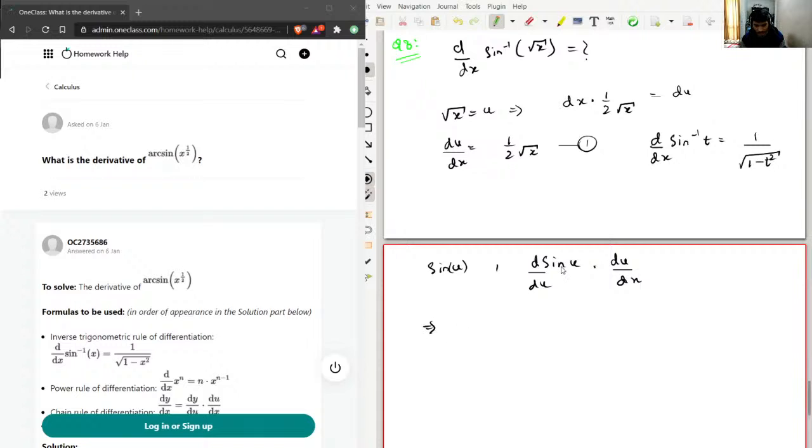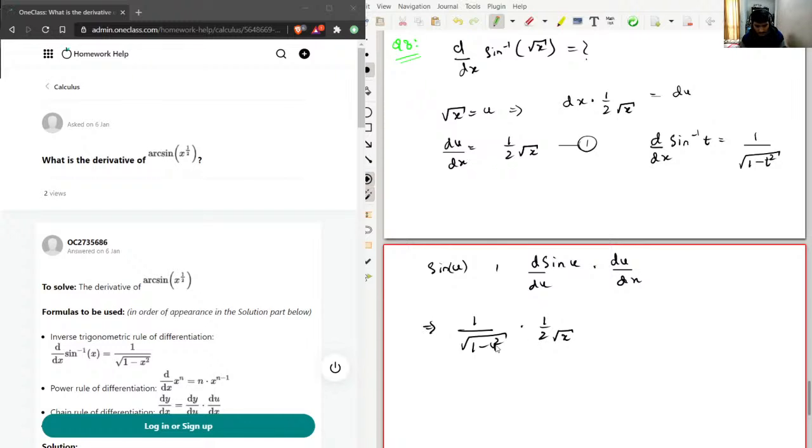So this will become 1 over square root of 1 minus u square times du by dx, which was 1 over 2 square root of x.